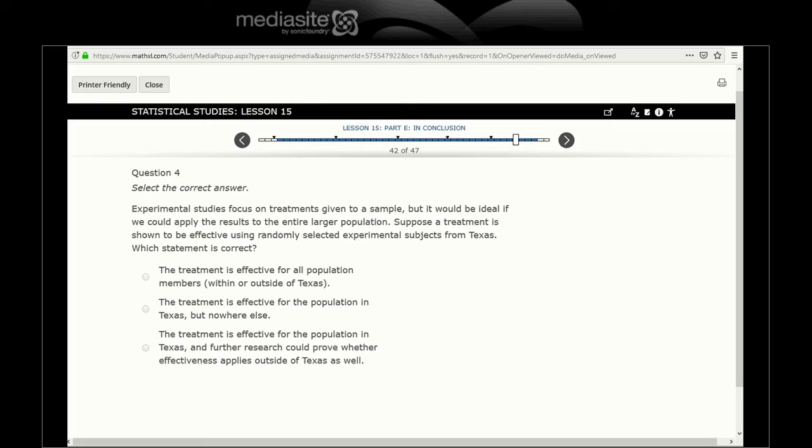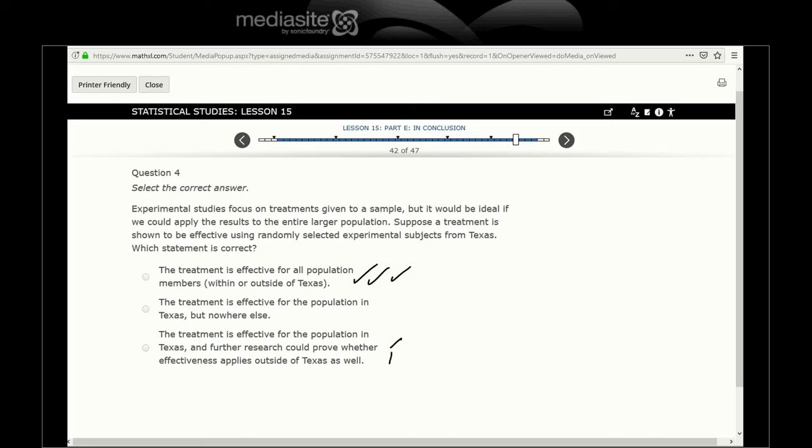And we may be tempted to say this, because the people in Texas aren't that much different than people in Idaho versus New York versus Florida versus California. That may be a little different versus Arizona. But in a good experimental study, you may want to consider that maybe Texas has some uniqueness in its population. So this is probably true.